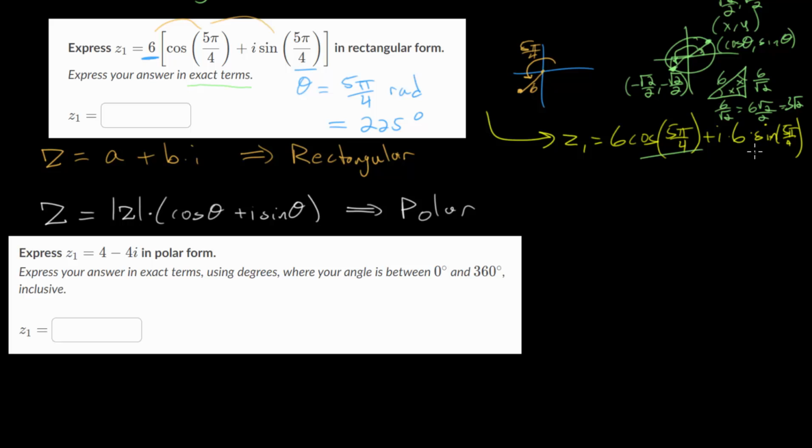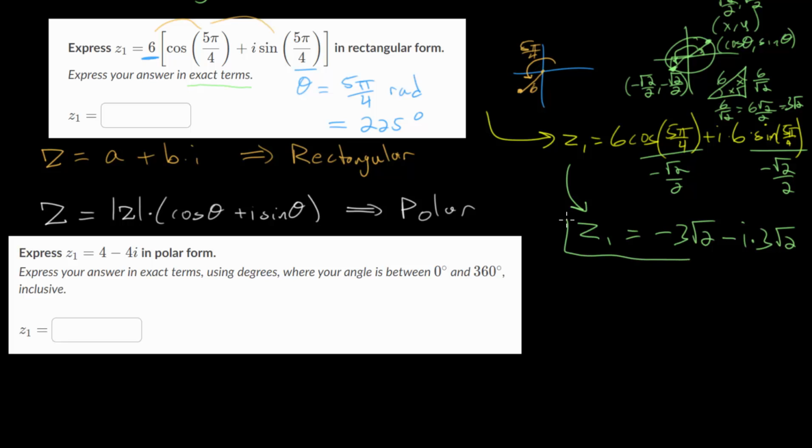So these values, before we multiply by 6, would be minus root 2 over 2 for each of these, but when we do multiply by 6, we get minus 3 root 2 minus i multiplied by 3 times the square root of 2. So this is our complex number expressed in rectangular form.